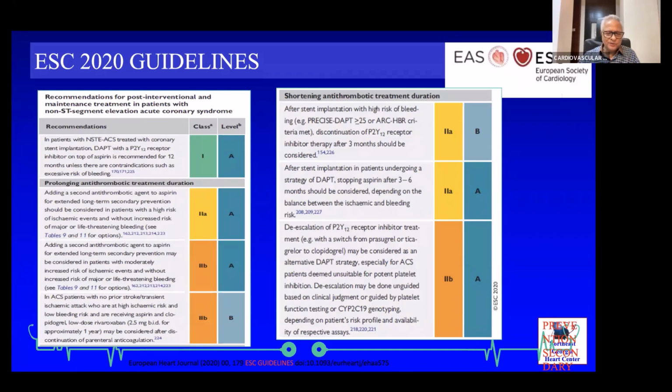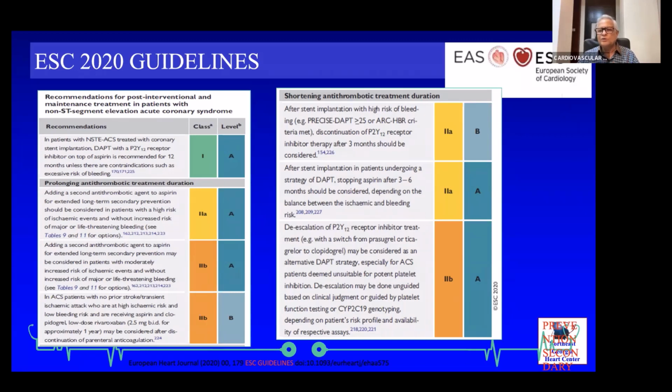In some patients, if there is no history of prior stroke or transient ischemic attack, or if the patient has atrial fibrillation, we can consider adding rivaroxaban 2.5 BID as per the COMPASS trial. So one side is long-term therapy; on the other side, if bleeding risk is high, you have to shorten the DAPT.